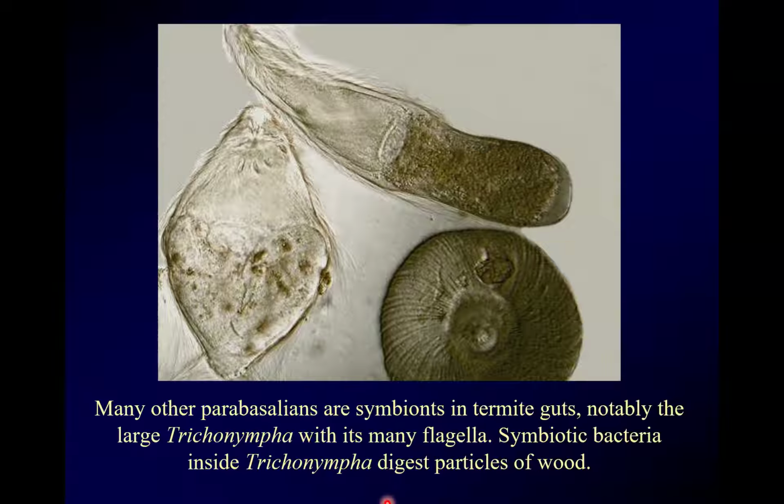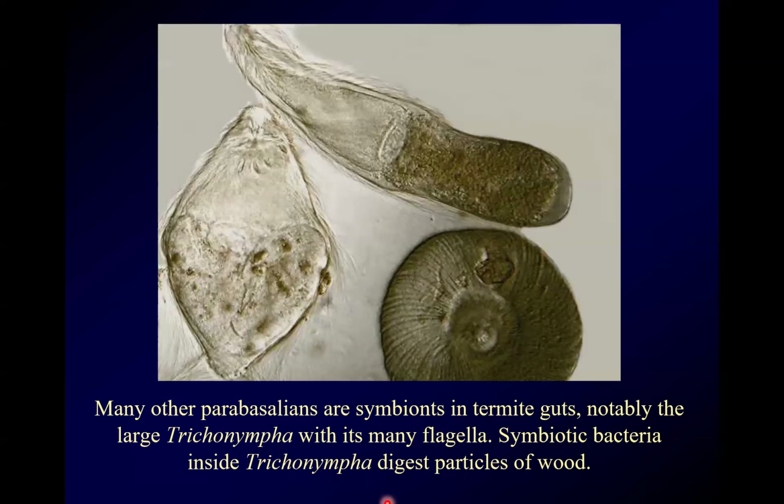I'm not really sure if you've done this or not, but some years in 1440 or maybe 41, we order termites and squeeze them until they release a little drop of gut fluid. And the gut fluid contains samples of the symbiotic bacteria and protists that live in termite guts and make it possible for them to break down wood.